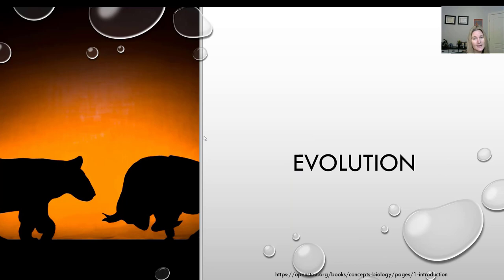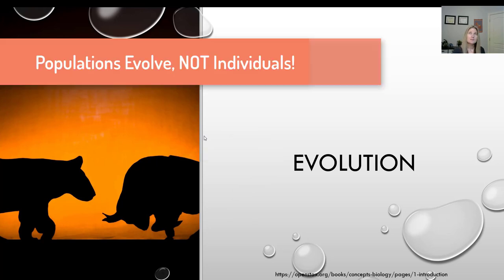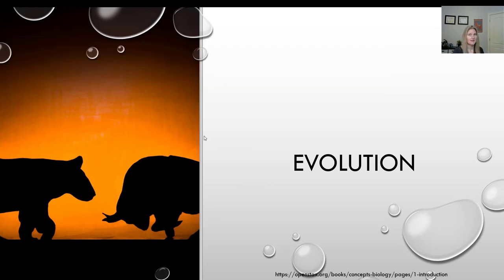And then finally we get to evolution. So populations of living things evolve over time. Now, if we think about it, has the Earth always been in the same state as it is now? If I were to travel back in time, say 1 million years ago, would I see the same environment that I do today? Probably not.